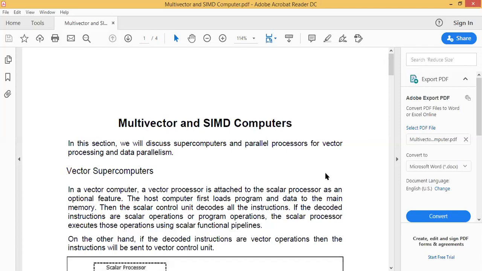Then the scalar control unit decodes all the instructions, and if the decoded instructions are scalar operations or program operations, then the scalar processor executes those operations using scalar functional pipelines. On the other hand, if the decoded instructions are vector operations, then the instruction will be sent to the vector control unit.